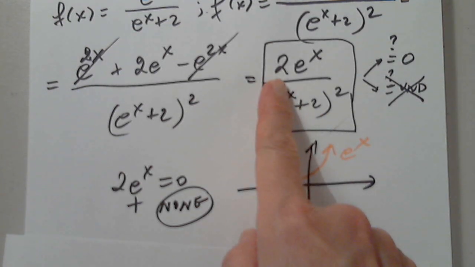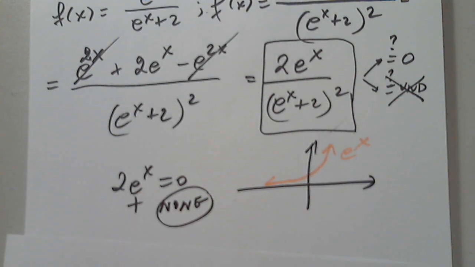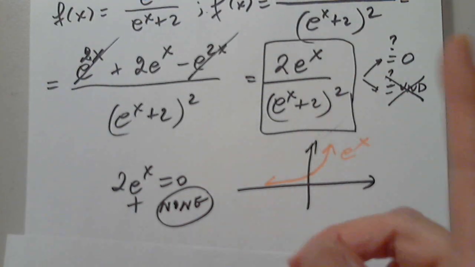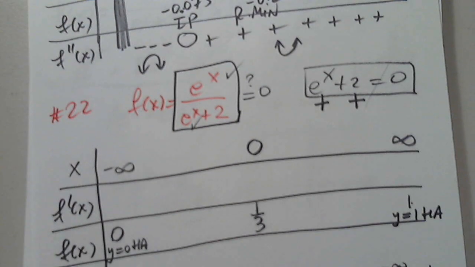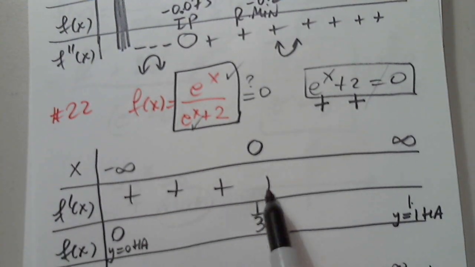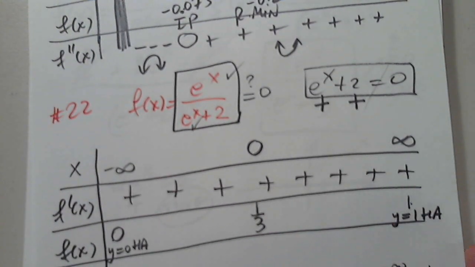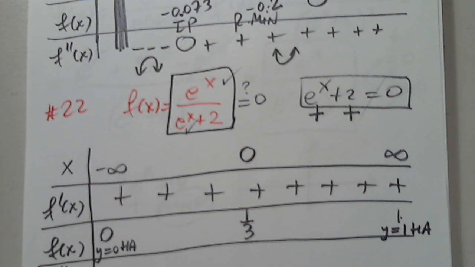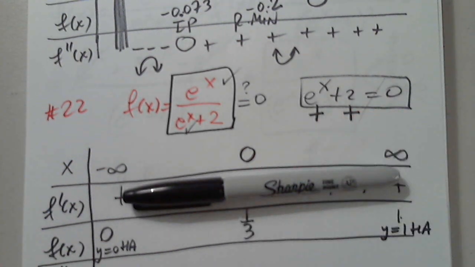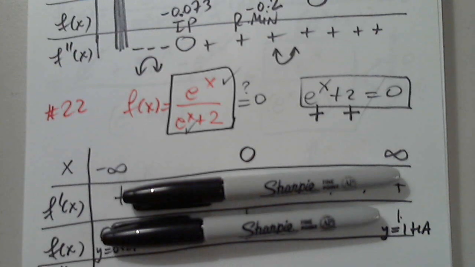Always positive. 2 is positive, e to the x is always positive, the denominator is always positive, and it's even squared. Awesome. So at this point, I need to make sure that this row goes in sync with this one. If it doesn't, there is an error somewhere.